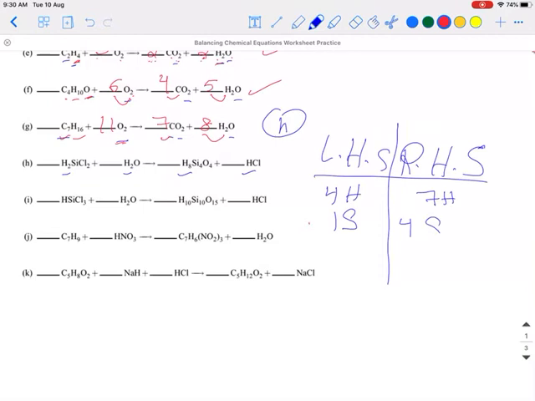Now 1 silicon, and on the right hand side 4 silicon. Now 2 Cl on the left hand side and 1 Cl on the right hand side. Oxygen on the left hand side 1, and on the right hand side we have 4 oxygen.